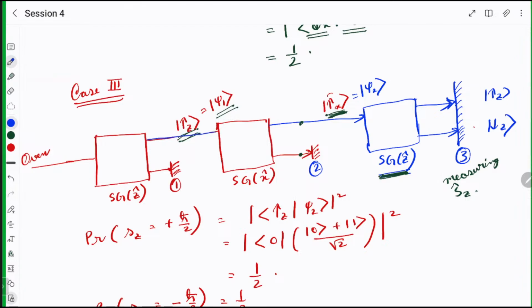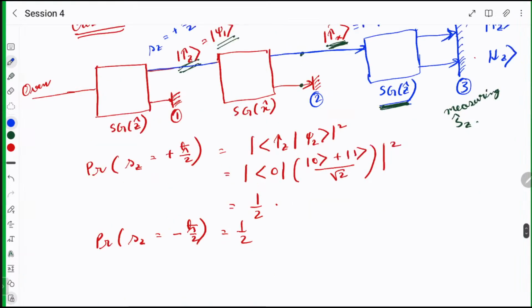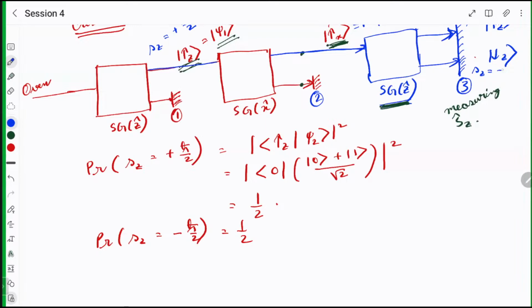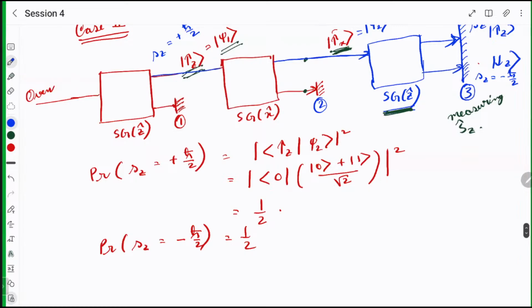So it is expected that since here we have only particles with Sz equal to plus h cross by 2, from classical mechanics you will expect that there will be only Sz plus h cross by 2. But from quantum mechanics, we see that that is not the case. We get both plus h cross by 2 and minus h cross by 2, which explains my experiment. Is it okay?